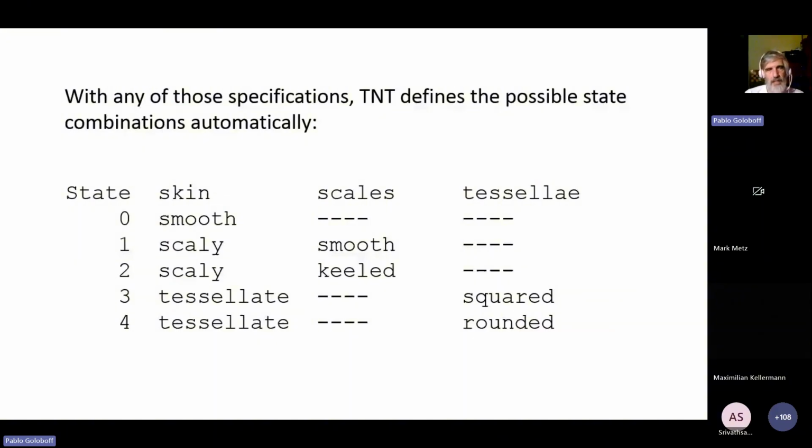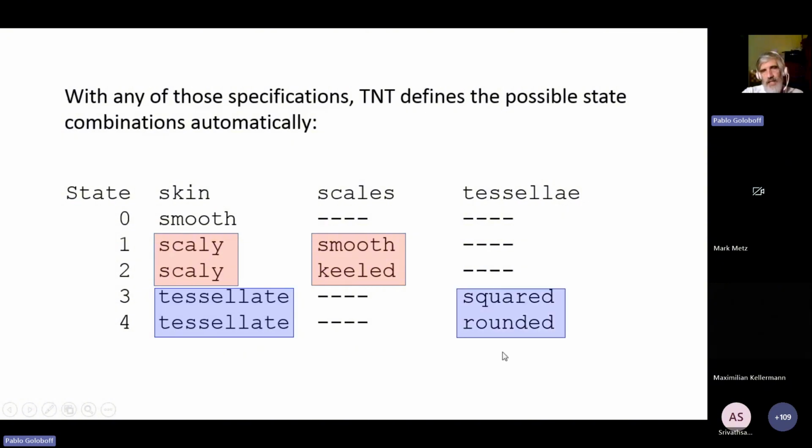And you can see in here, again, the exclamation mark. So when the skin is scaly, the scales have states, but the tesselli are inapplicable, and when the skin is tessellate, the scales are inapplicable, and you can define what happens with the tesselli.